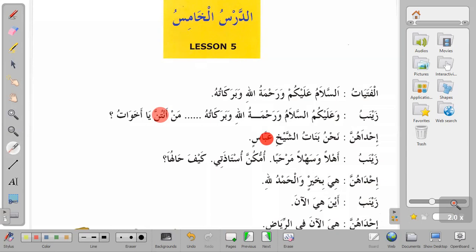Al-badal, we said, is the substitute. Both this and this are meaning the same thing. So let me give you an example. If I say my father is Sheikh Abbas, if I remove one of them, it will still make meaning.